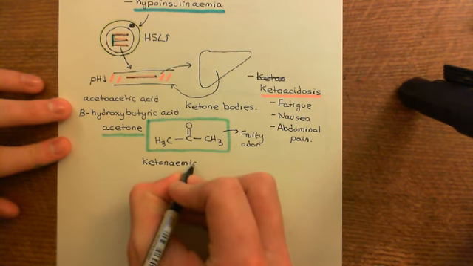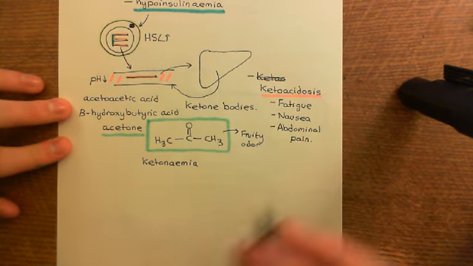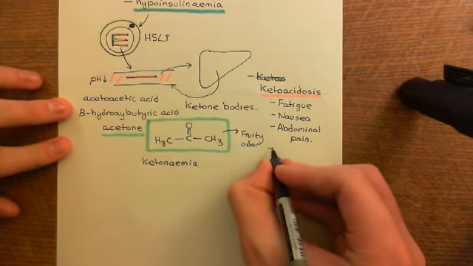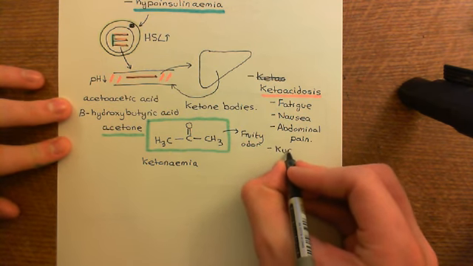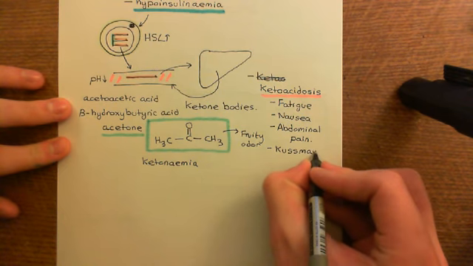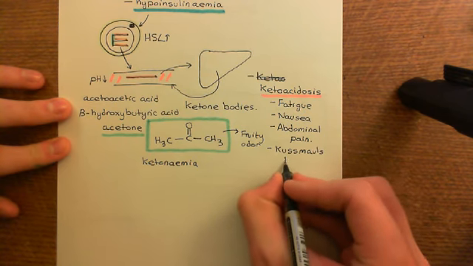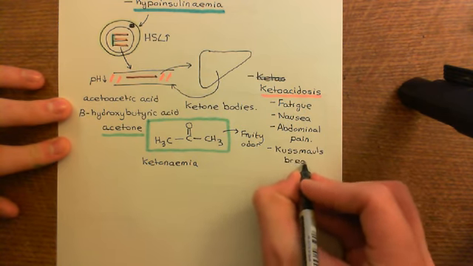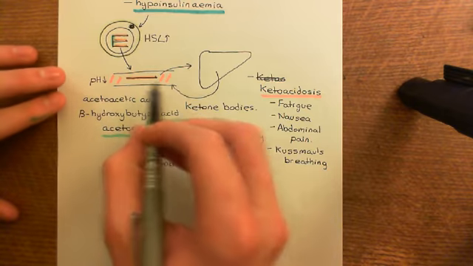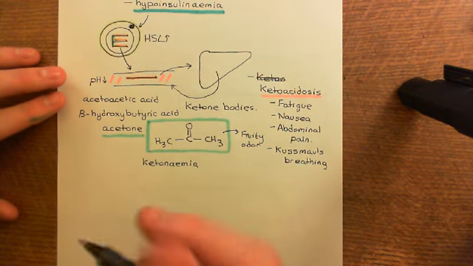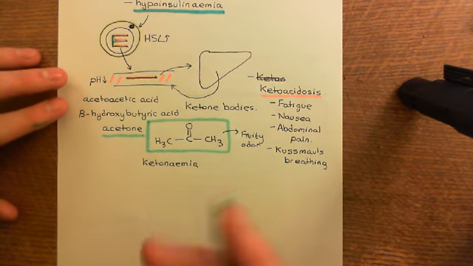Another symptom is that it also causes Kussmaul breathing, which is basically a very heavy breathing. The reason it causes Kussmaul breathing is that when the proton concentration in the blood goes up, the protons are going to react with the buffers that the blood has.